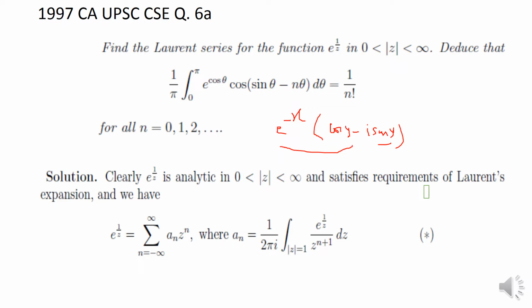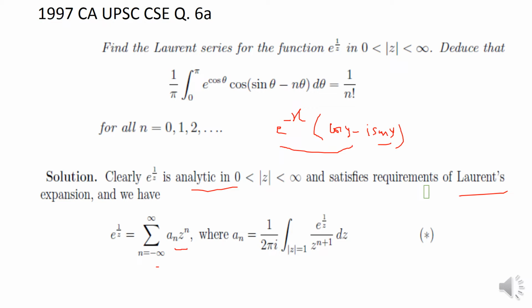So del v upon del x is equal to minus del u upon del y, and both the Cauchy-Riemann equations have been satisfied. Now we know that this is analytic because CR equations have been satisfied.